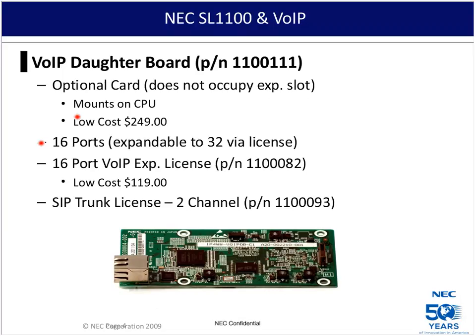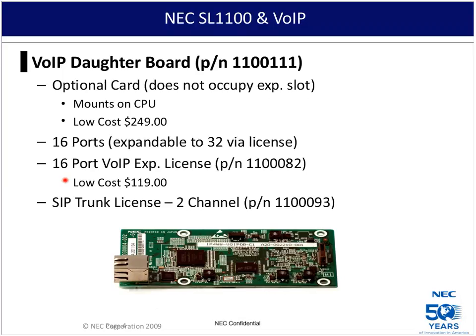It comes initially configured with 16 ports, and when we talk about voice over IP ports, we could be referring to ports, channels, licenses, resources, all means the same thing. So we have 16 resources on our Daughterboard, and it's expandable to 32 via our 16-port voice over IP expansion license, again at a relatively low cost of $119.